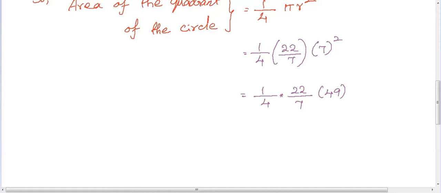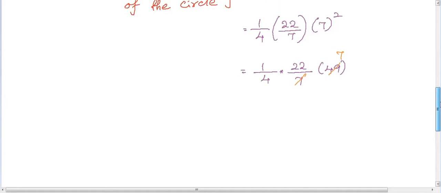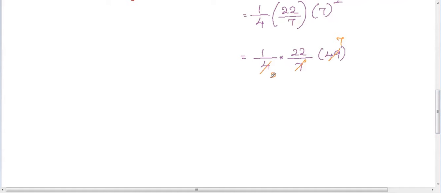So we have 7 in the denominator, so 7 sevens are 49, and simplify 22 and 4. So 2 times 2 is 4 and 2 times 11 is 22. So we'll get 77 by 2, or if we divide this, we'll get 38.5.